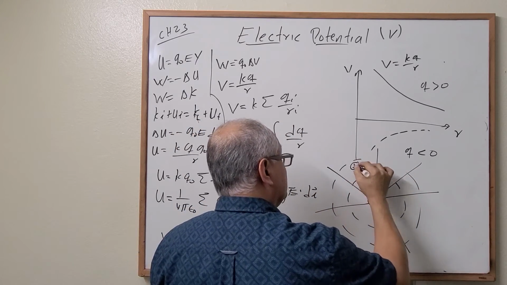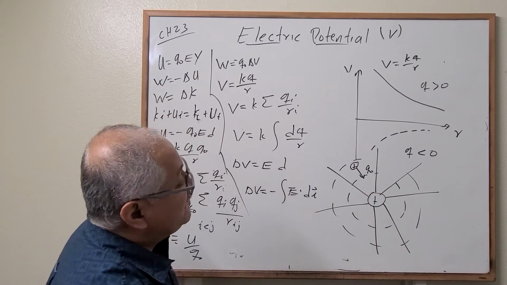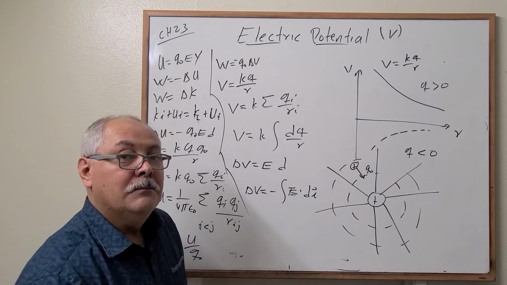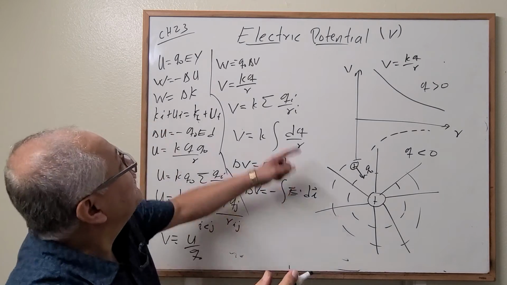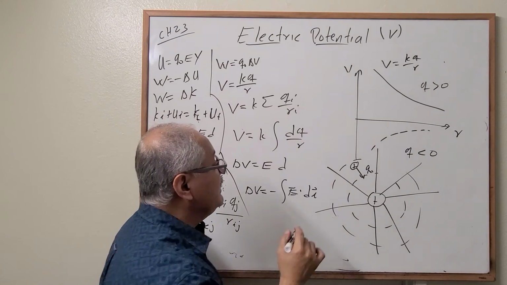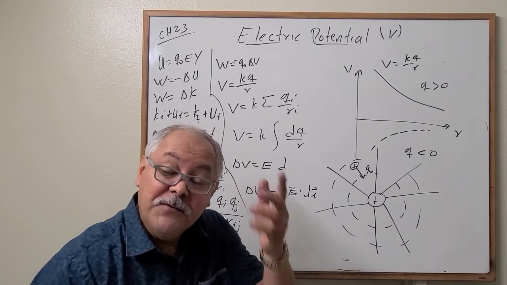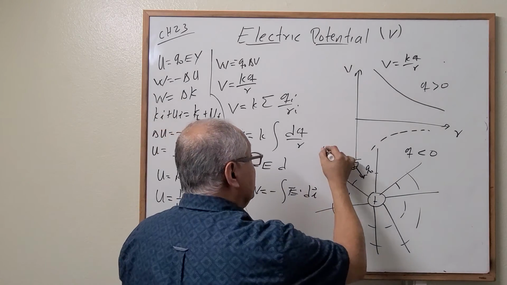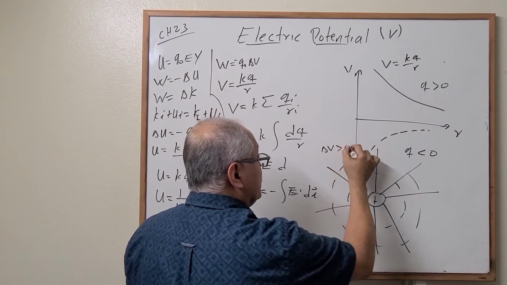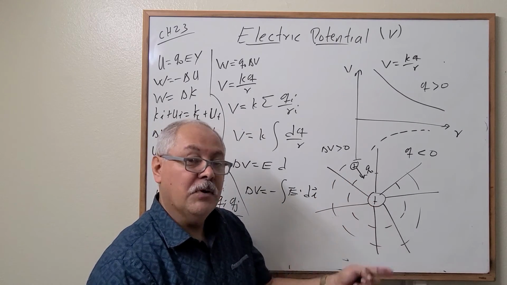Let's take a test charge right here moving in this direction. What happens to the potential energy? Well, not the electric potential. What happens to the electric potential? Well, in this case, the electric potential difference increases, right? So this electric potential difference is greater than 0 when this test charge moves toward this positive charge, right?